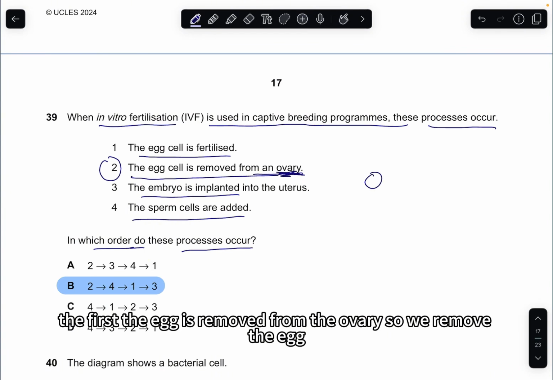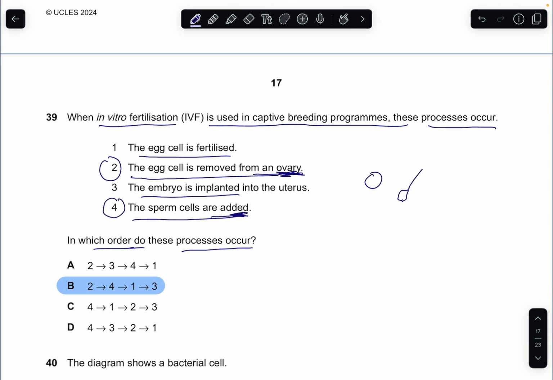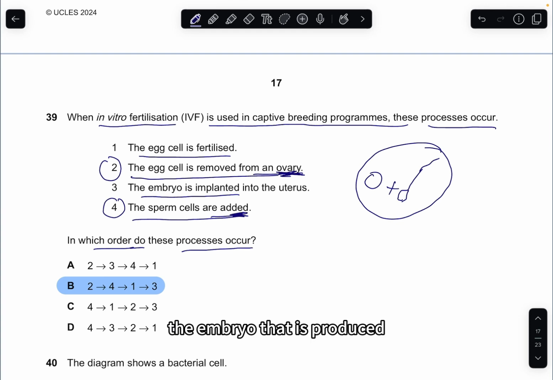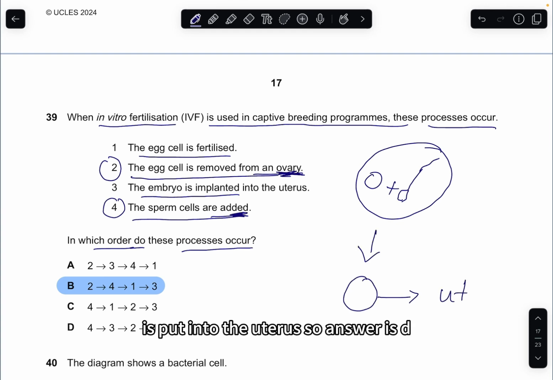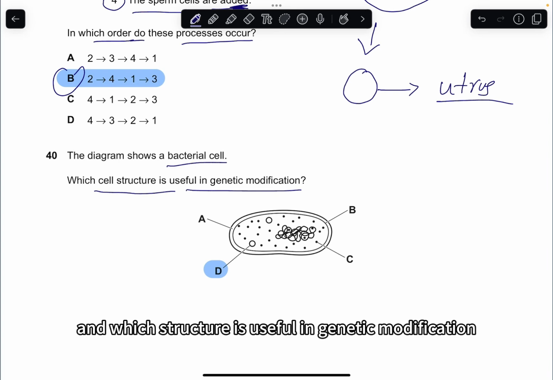So we remove the egg, and then we also find a sperm, and the sperm is then added, and then they are fertilized, and after fertilization, the embryo that is produced is put into the uterus. So the answer is B.